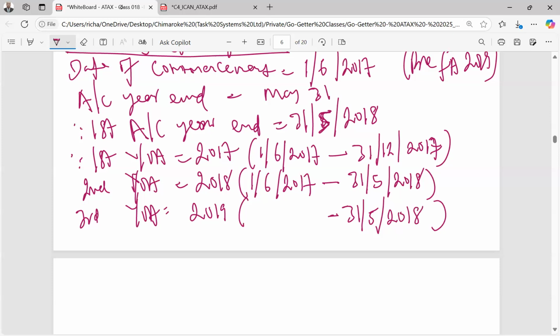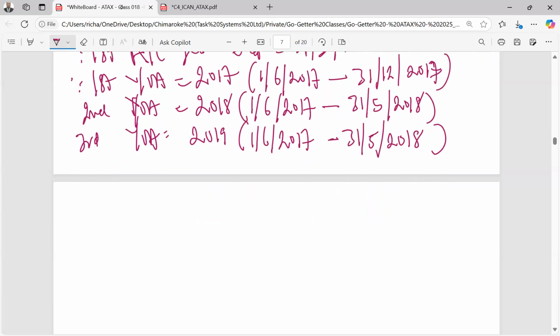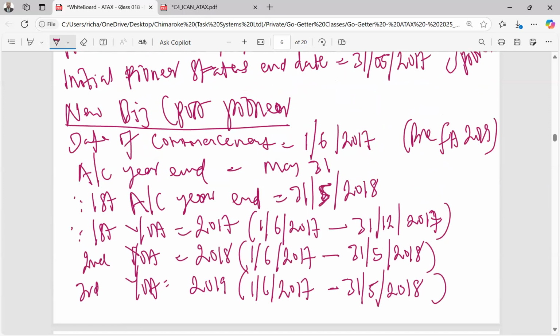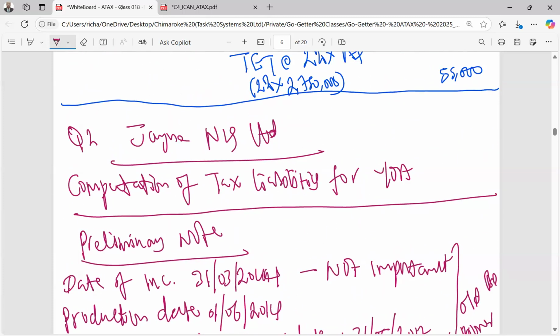And it's going to be 12 months, so it's going to start from June 1, 2017. So it means your year 2 and your year 3 are exactly the same thing. Now that's it. So we have 3 years to contend with. So we have 2017 to 2019. So we'll come back here and say year of assessment 2017 to 2019.